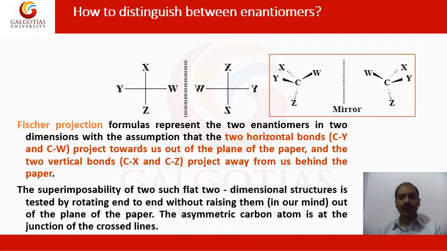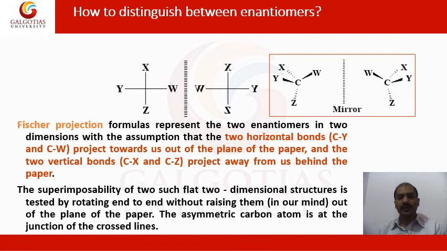There are different types of projections which we will discuss later, but for the sake of explanation we have taken one Fisher projection here. This is the projection, or representation, of any molecule having different groups in a plane.